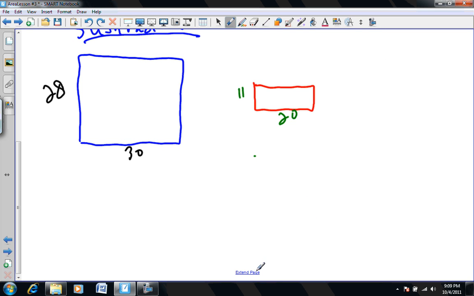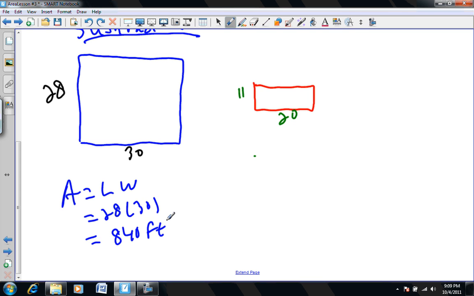So now let's see what happens. If I find the area of the blue rectangle, the area is going to be length times width, which is going to be 28 times 30, which, as it turns out, is 840 square feet. The red rectangle, the area is length times width, which is 11 times 20, which, as it turns out, is 220 square feet.